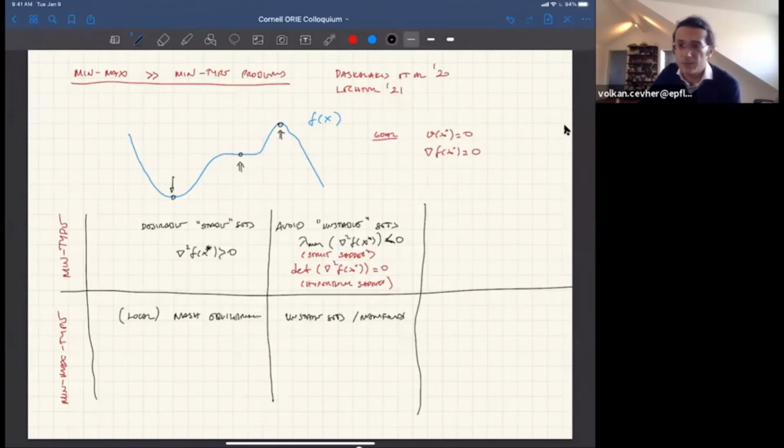There are some periodic orbits and so on. There are a ton of examples. Now, here is the issue. In min-max, there's a third category that does not have an equivalent in min-type problems. These ICT sets that have spurious attractors. They are stable.